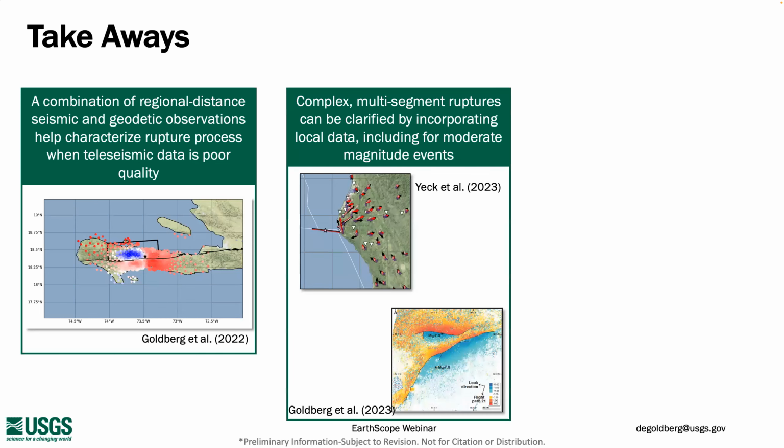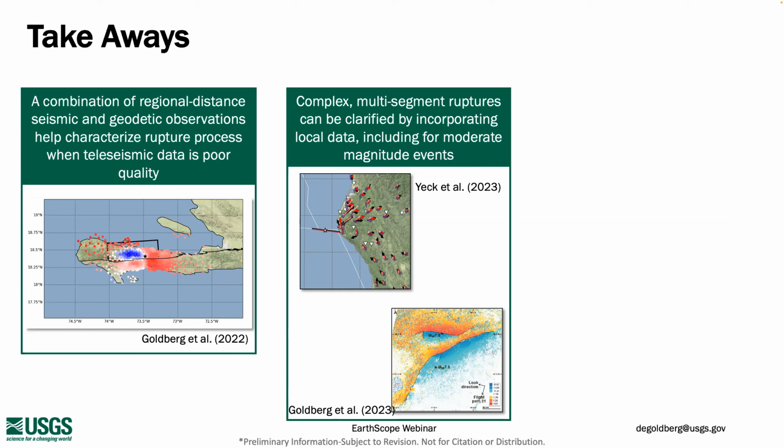Next, both the examples of the Petrolia, California earthquake and the sequence in Turkey show us that complex multi-segment ruptures can be clarified if we have access to these local seismic and geodetic data sets.